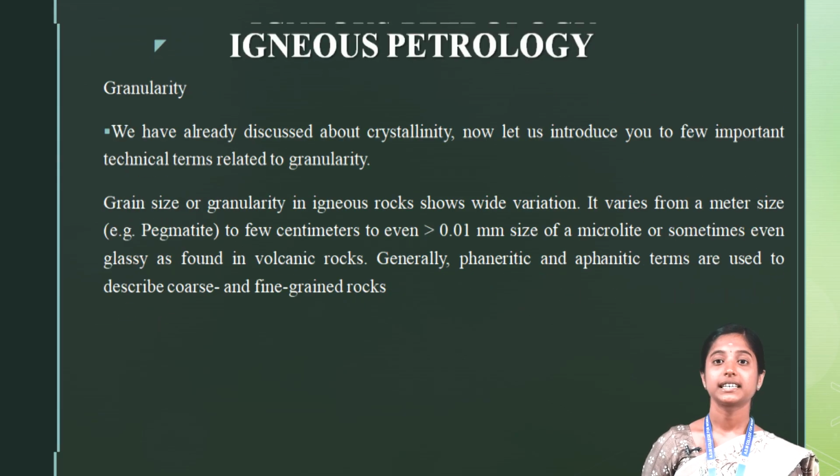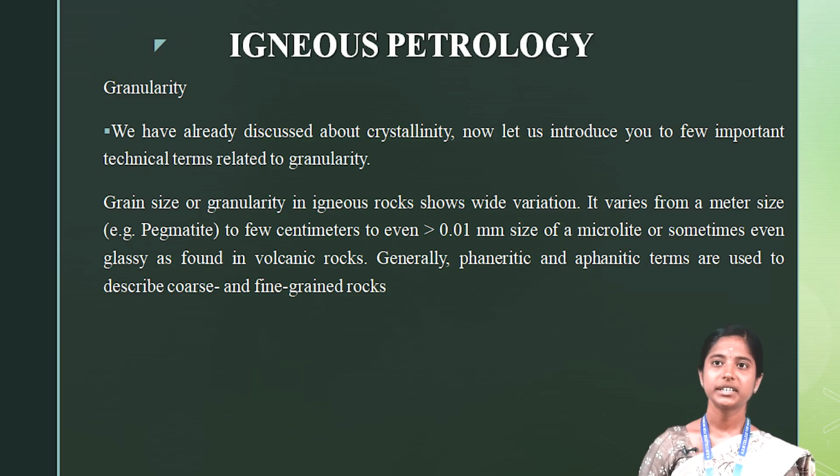Next, the granularity. We have already discussed the crystallinity. Now, let us introduce a few important technical terms related to granularity, a grain. Grain size or granularity in igneous rock shows a wide variation.